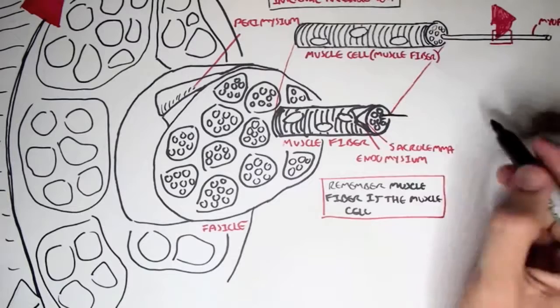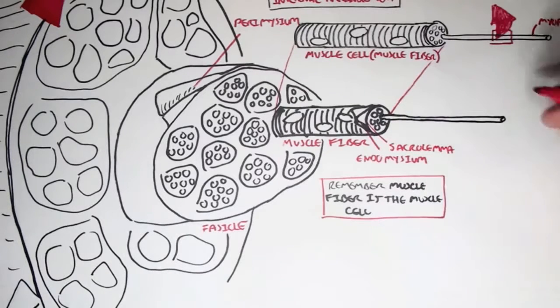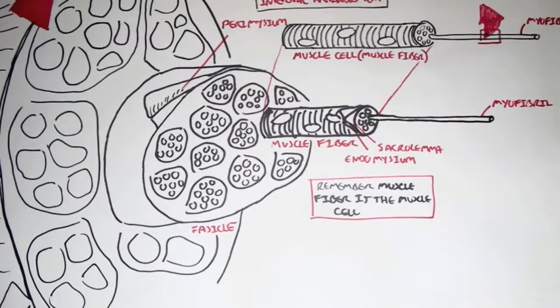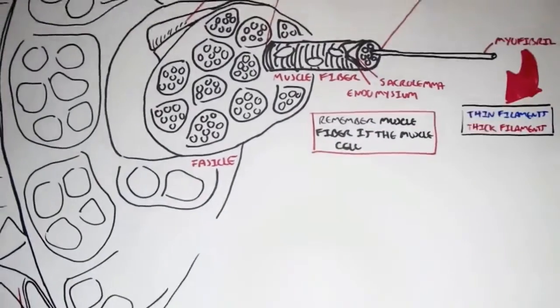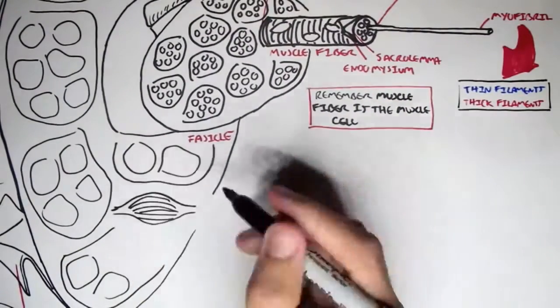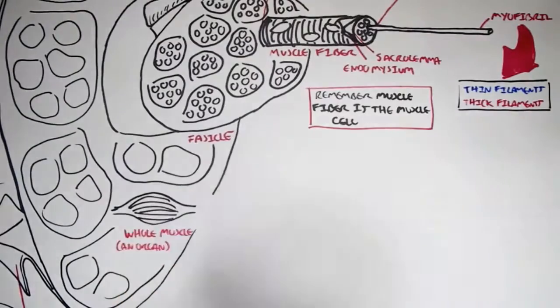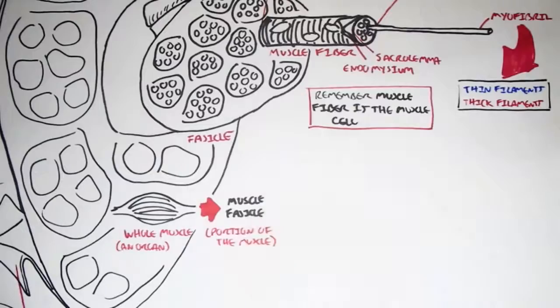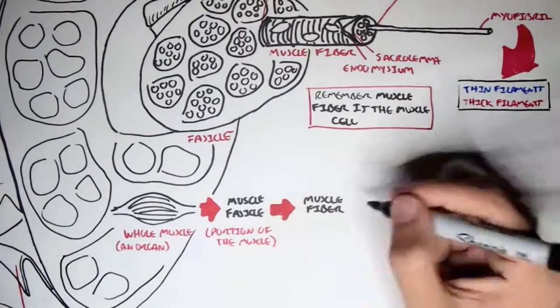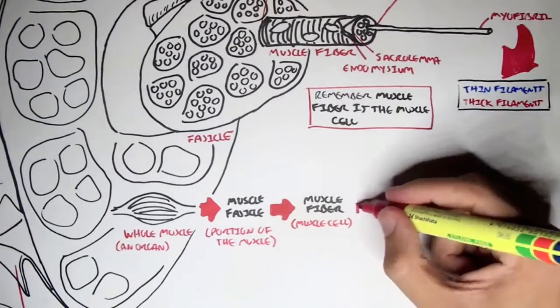And again, if we take one of the internal structures of the muscle fiber, we have a myofibril. The myofibril contains the thin filaments and the thick filaments. So let's just recap. If we start off with a whole muscle, an organ, and we get a portion out of that, we get the muscle fascicle. The muscle fascicle contains many muscle fibers, the actual muscle cells.